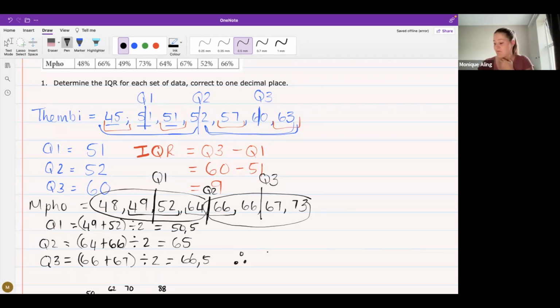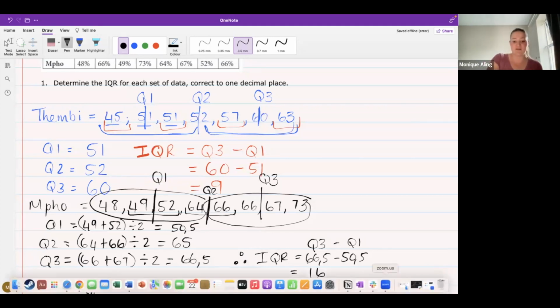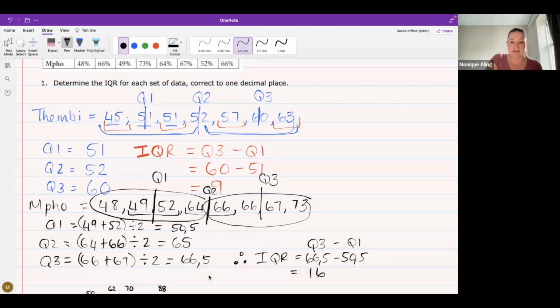So therefore, our interquartile range is 66,5 minus 50,5, which is our quartile 3 minus our quartile 1, which is 16. And I did see quite a few of those coming in the chat. Oh no, I got 18. Oh, Vanessa, I see what you're saying there.